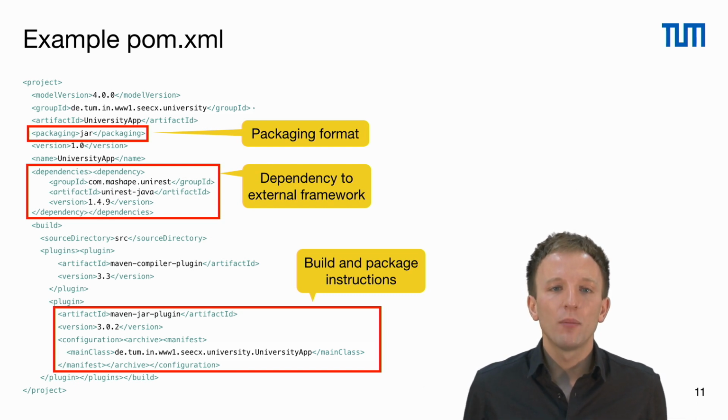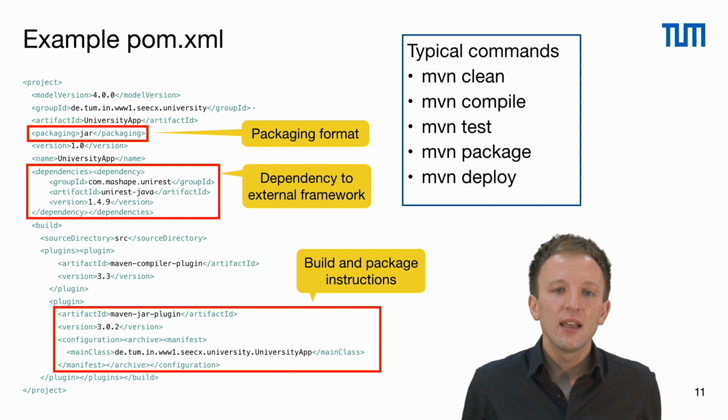Maven allows different commands, and I will quickly explain the 5 most common commands now. Maven clean allows you to remove all created artifacts and to update the project dependencies. Maven compile compiles the whole source code of the project and tells you if there are compilation errors. Maven test executes the test cases using a suitable unit test framework, for example JUnit, and tells you if the test cases pass or fail.